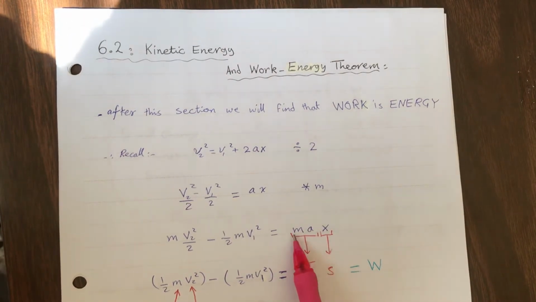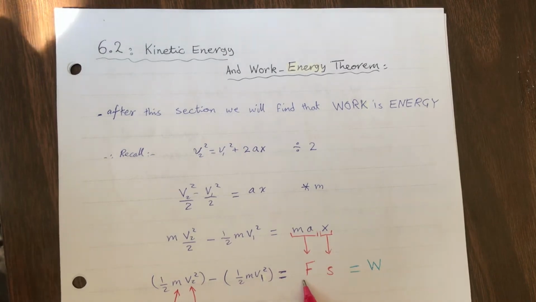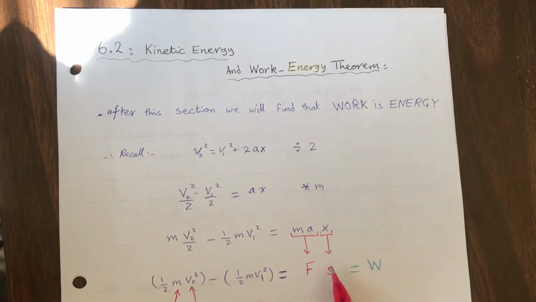But we know that ma, from Newton's second law, is a force, and x is a displacement, which is s. And from the previous section, we know that the force multiplied by a displacement is work.